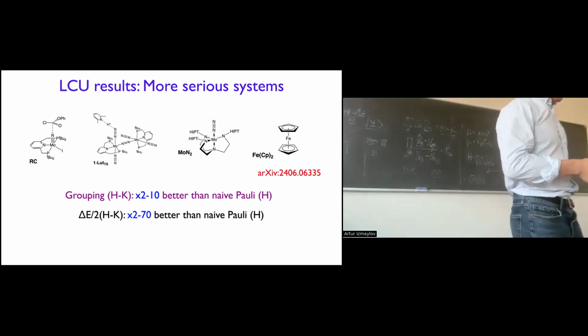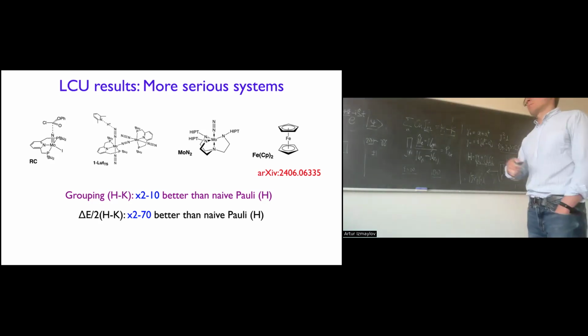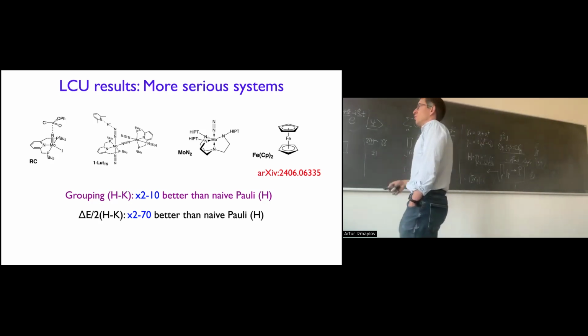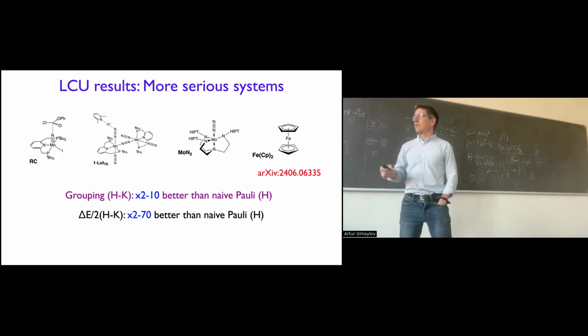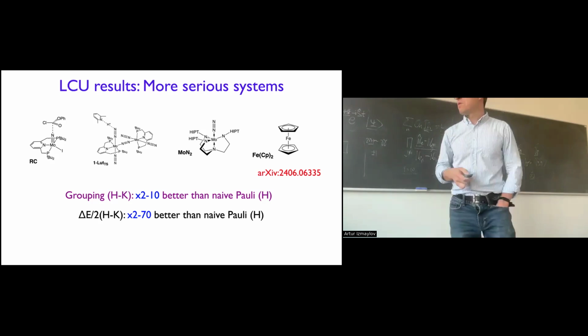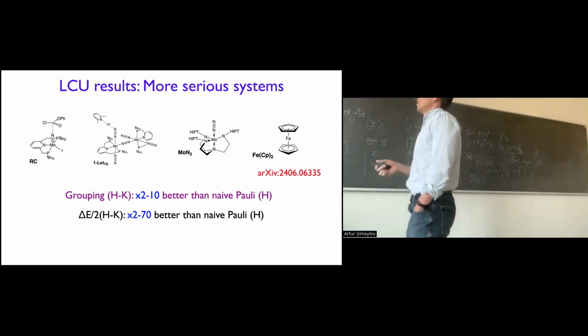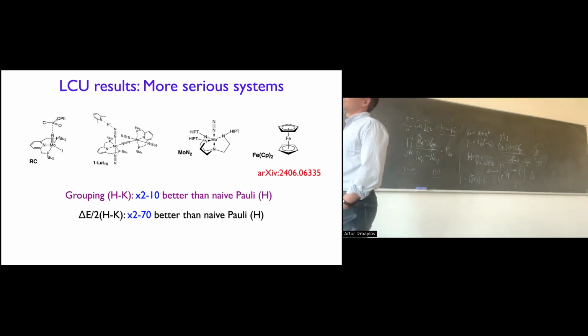So there are more possibilities for smarter groups that reduce the one norm in these large systems. As for small systems, their grouping is very close to the minimum possible. But in the large systems, there is more space to play.